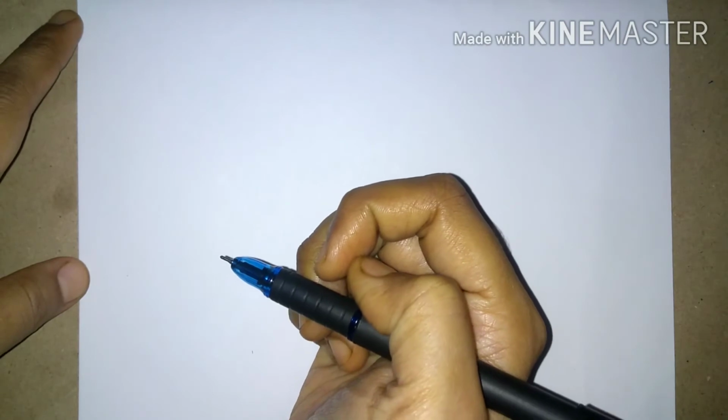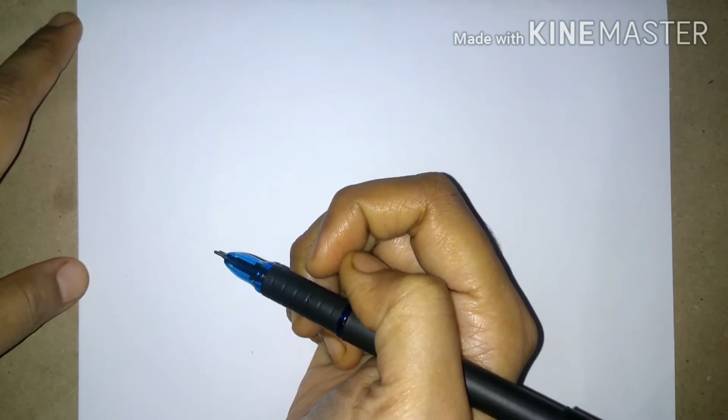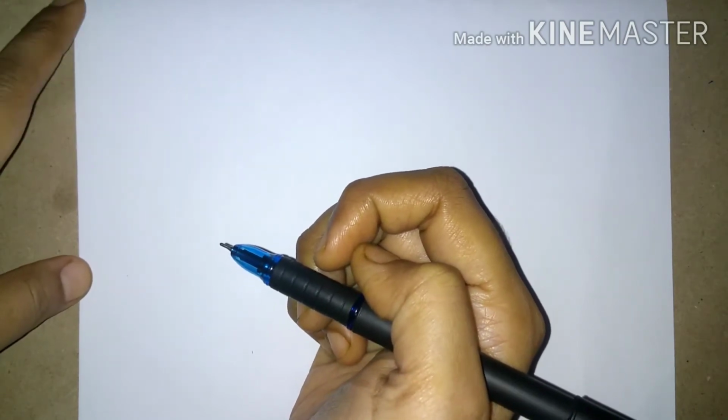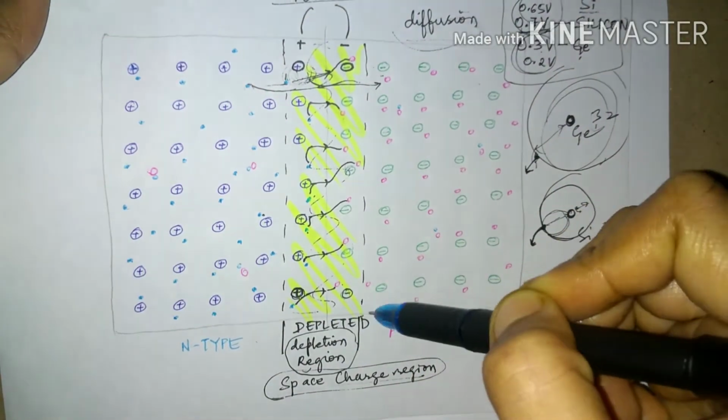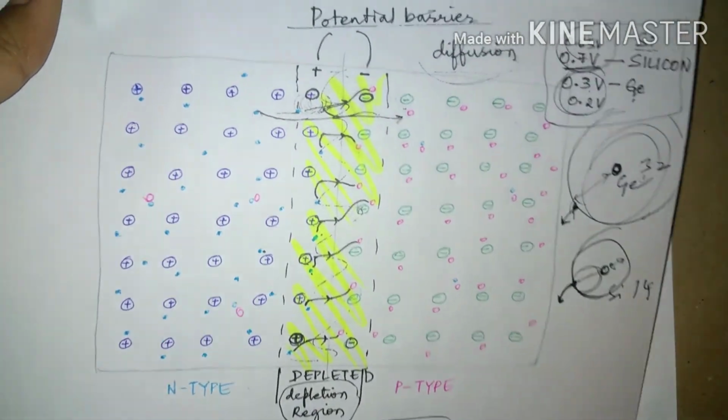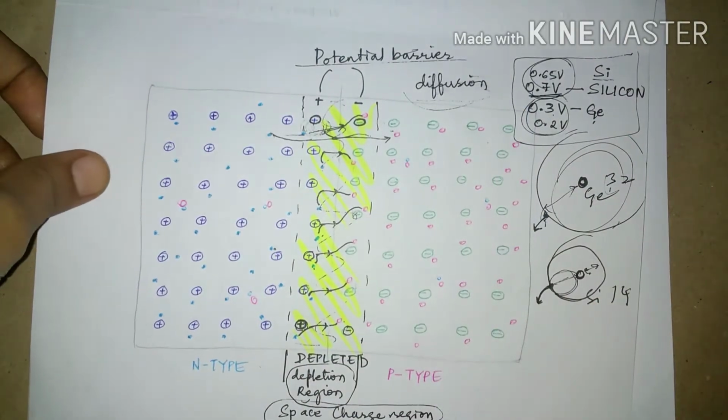Okay everyone, last time we discussed the diode and its internal structure. We tried to imagine n-type and p-type and all the donor atoms, and then we tried to understand how the depletion region is formed and why it is known as a potential barrier.